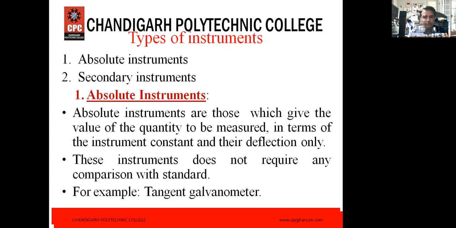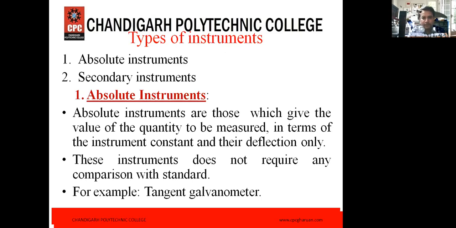Next is the types of instrument. Instrument may be of two types, absolute instrument and secondary instrument. First one is the absolute instrument. Actually, absolute instrument gives their readings in terms of instrument constant and their deflection only.